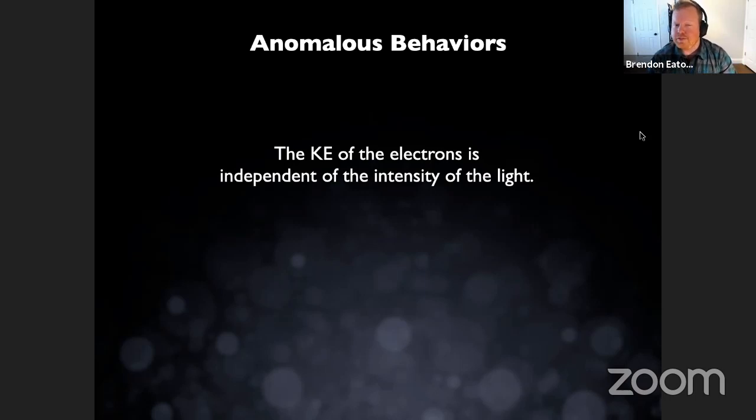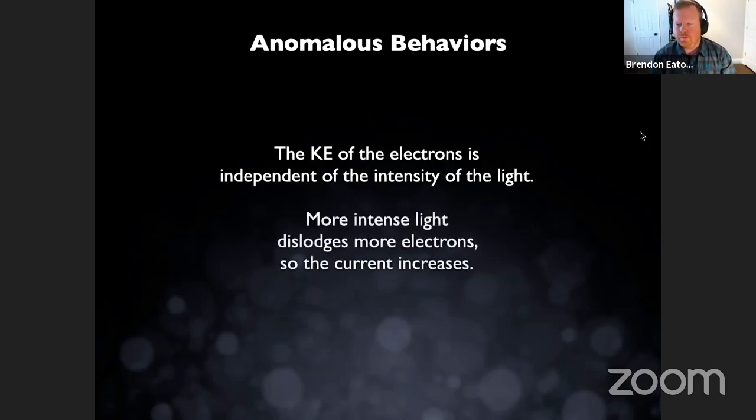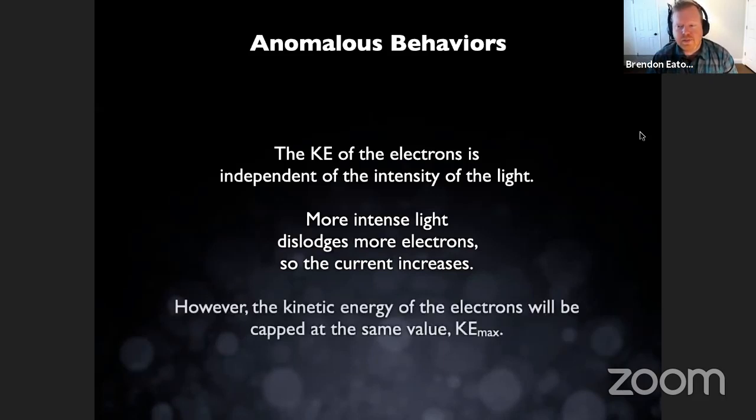Remember, energy is very much related to frequency, and intensity is very much related to the number of photons. So the more intense the light, more bright light, it can dislodge more electrons. So the current will increase in that case. But the kinetic energy is not going to increase. It's still capped at a value that we call kinetic energy max.